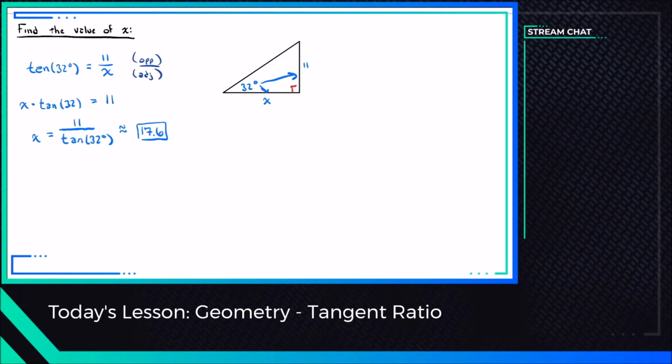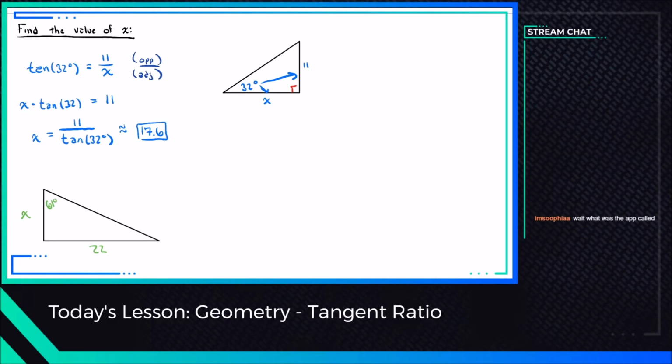All right, so if we want to do another example like that, where we find the value of x, we can do this triangle right here. X is going to be the short leg right here. Last time x was the long leg. This angle is going to be 61 degrees, and this leg right here is going to be equal to 22.